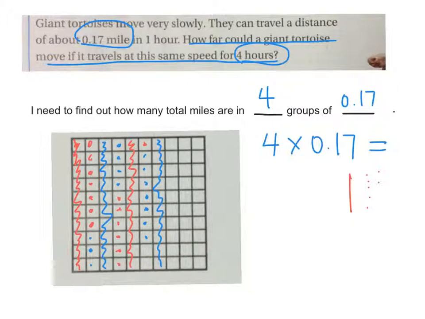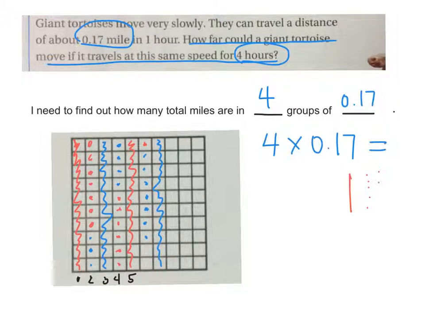In order to find out how many there are all together, I just need to look at how many are colored in, right? So, how many tenths do I have that are completely colored in? Is this 10th completely colored in? 1. Is this one completely colored in? What about this one? 4, 5. Is this 10th right here completely colored in? No. Okay, what about this one?